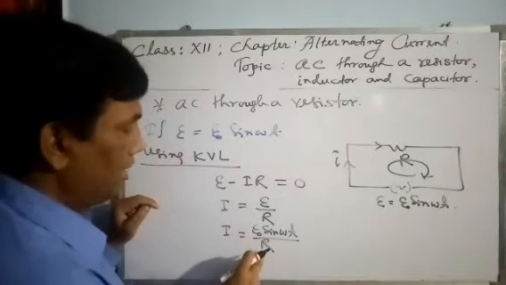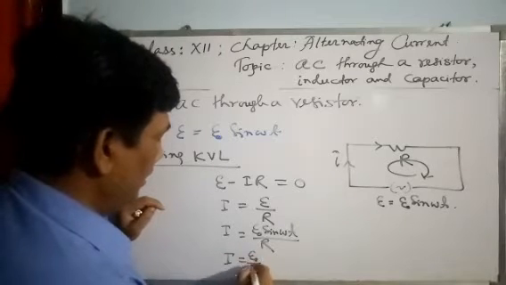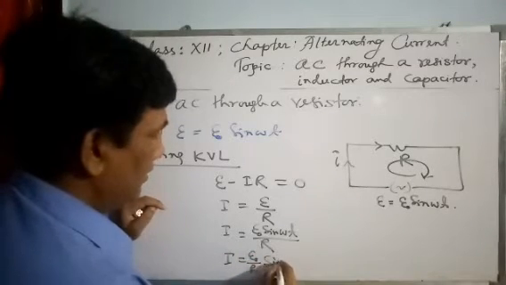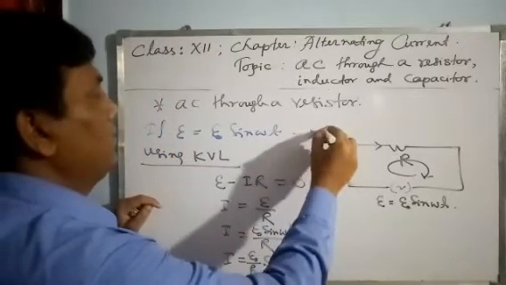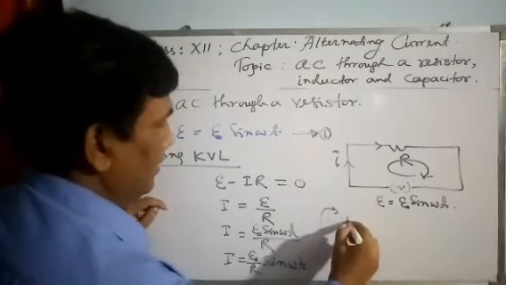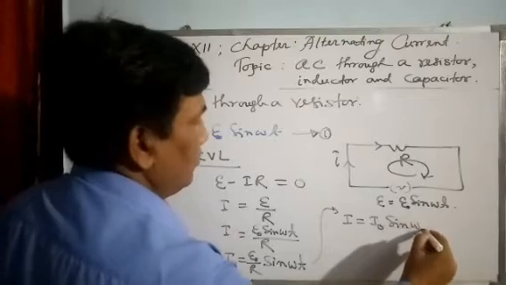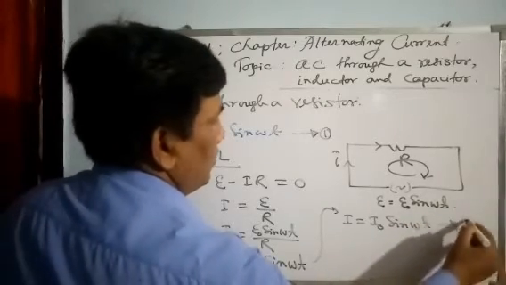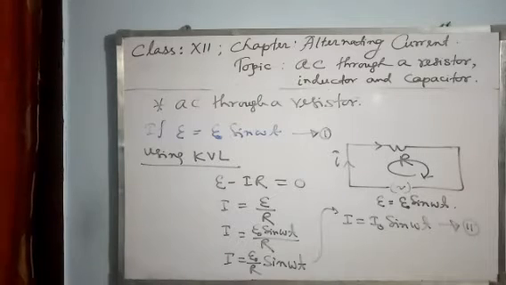Remember, E naught is constant, R is constant. So I equals E naught upon R sin omega t. This is equation number 1, and this can be written as I equals I naught sin omega t. This is equation number 2. So look at equation number 1 and 2.